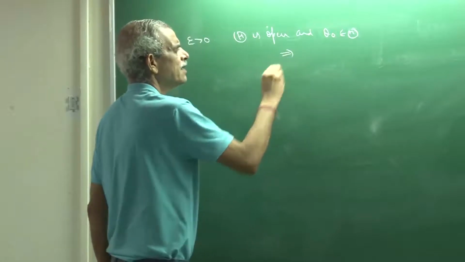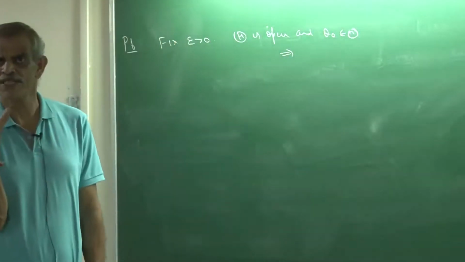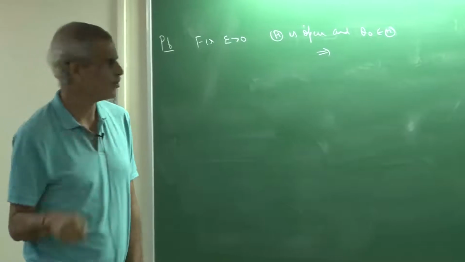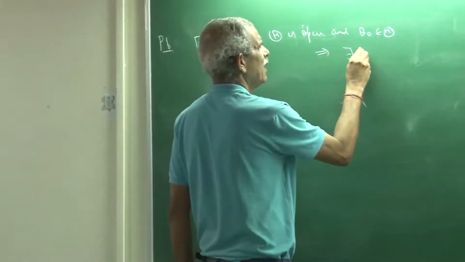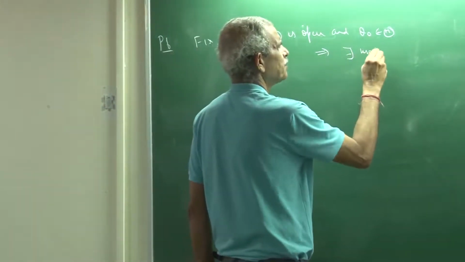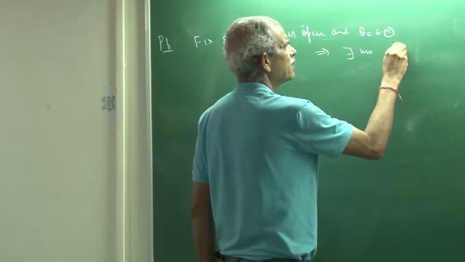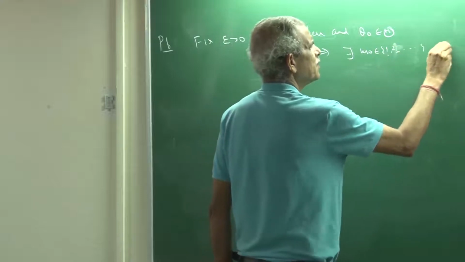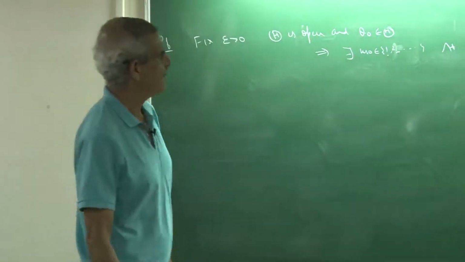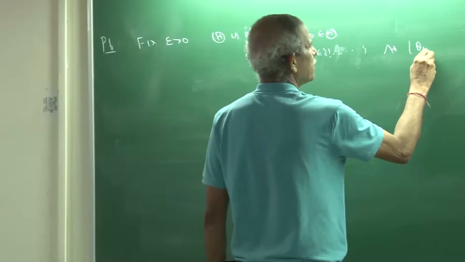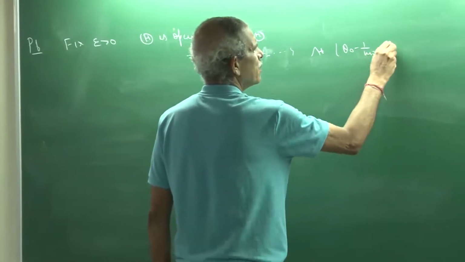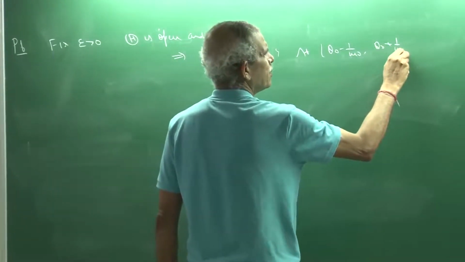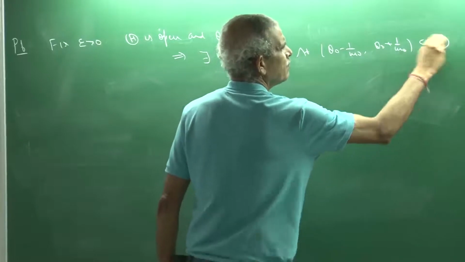This implies that I can find a neighborhood around theta naught which is totally contained in theta. So that means there exists an m naught such that m naught is an integer such that theta naught minus 1 upon m naught to theta naught plus 1 upon m naught is contained in theta.